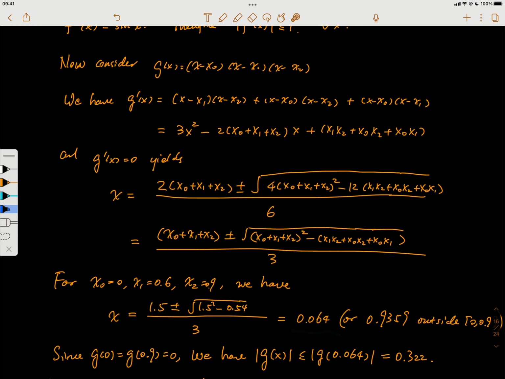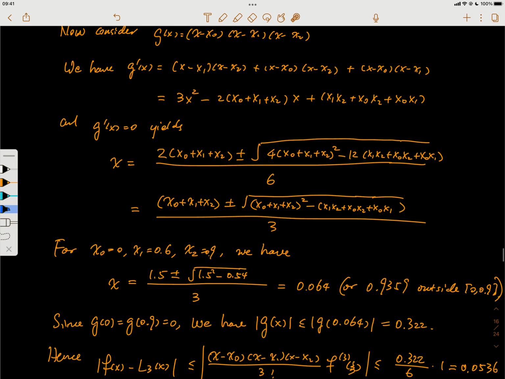We only need to worry about this point. Also notice that the g function takes the value 0 at the points x0 and x2 because you have these 2 terms here. That is why the maximum or minimum value can only happen at this point right here.